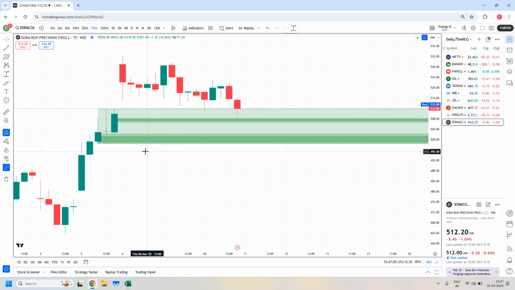What is the technique? Do reverse engineering. Draw the 5-minute zone, then go back to 15 minutes. Check whether within that 5-minute area there is any 15-minute zone. If there is a 15-minute zone, you draw it. If there is no 15-minute zone, you delete that 5-minute zone because that will be violated. Aggressive trade setups without price action clues, we can't take proper trades.